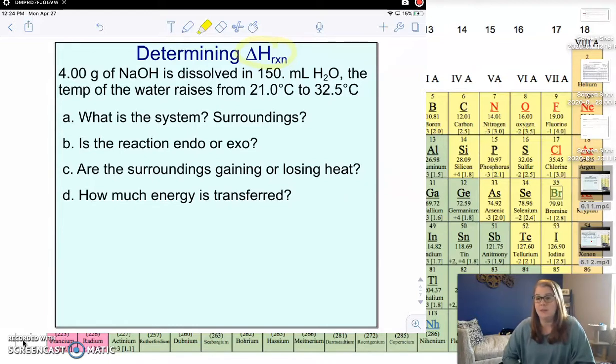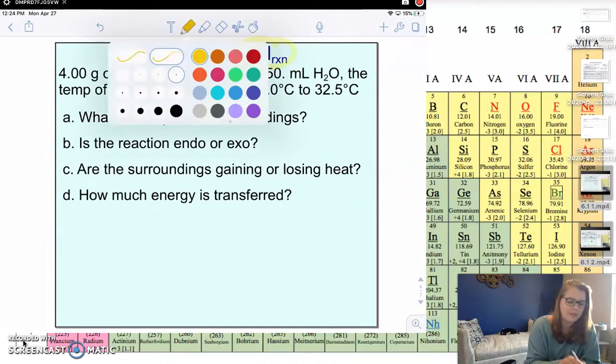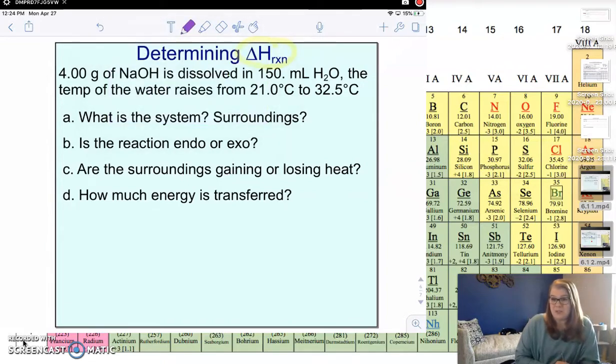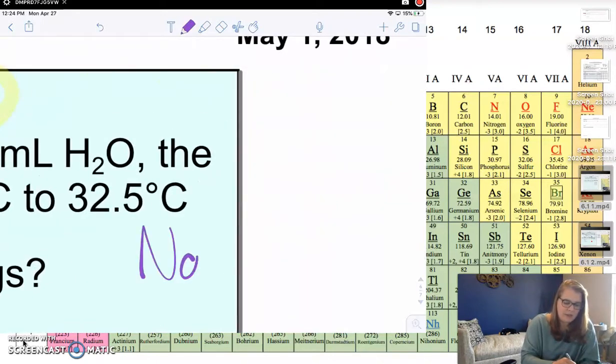So a few things that we need to remind ourselves of, some questions we should be asking ourselves before we go ahead and answer this. What is the system and what is the surroundings? Okay, so 4 grams of sodium hydroxide is dissolved. Remember, one of those things that can kind of help you figure out the system is actually writing out the reaction that's taking place. So if I'm dissolving sodium hydroxide, which is ionic, I would be taking sodium hydroxide solid.